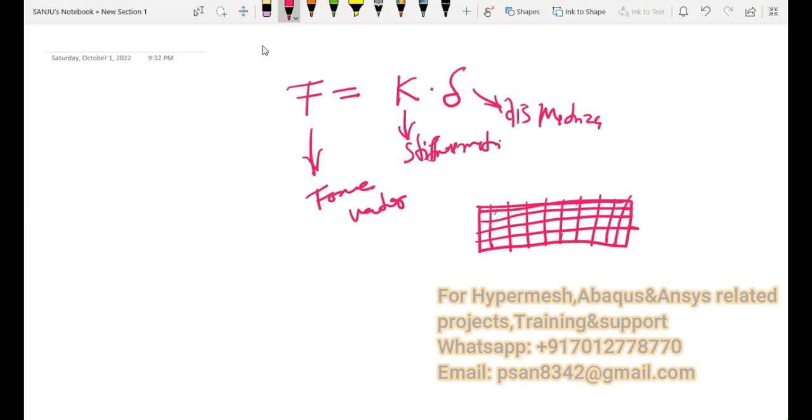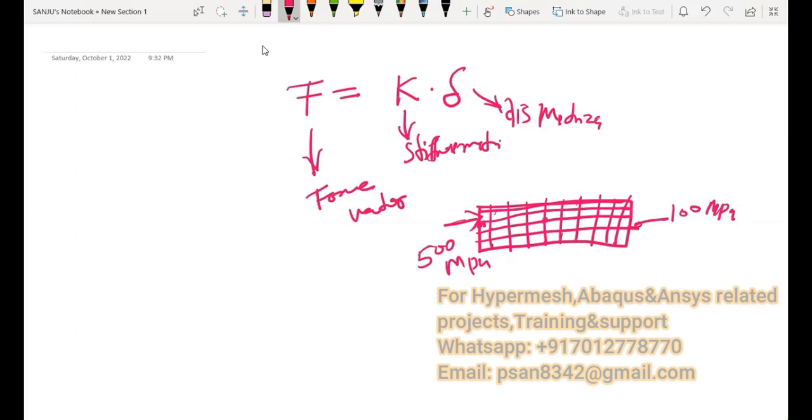Say I'm giving here 500 megapascal, and here I'm giving say 100 megapascal load. So this will be like a compressive force, right? I'm giving compressive force here and here.